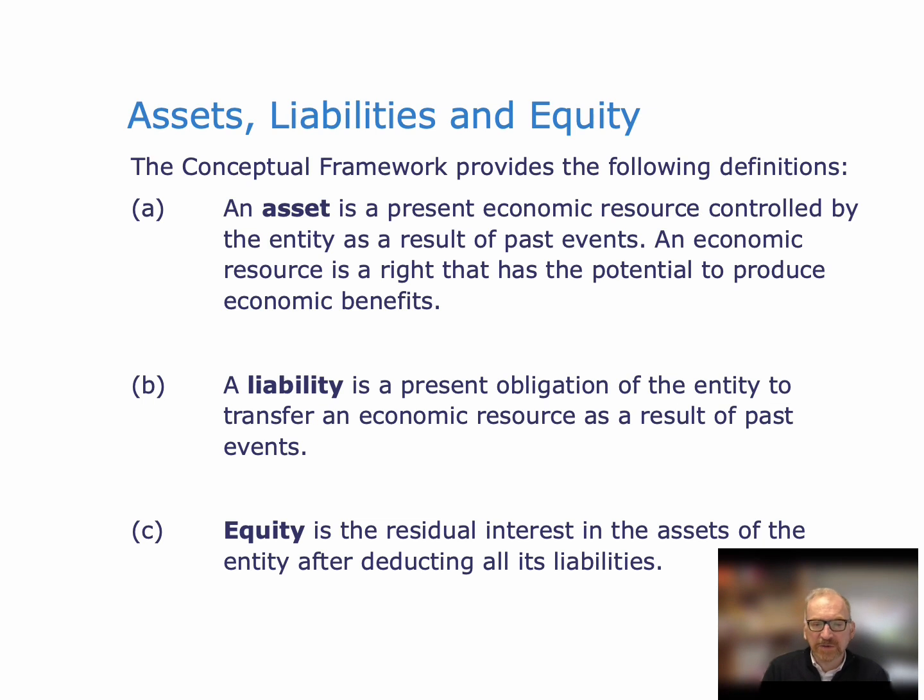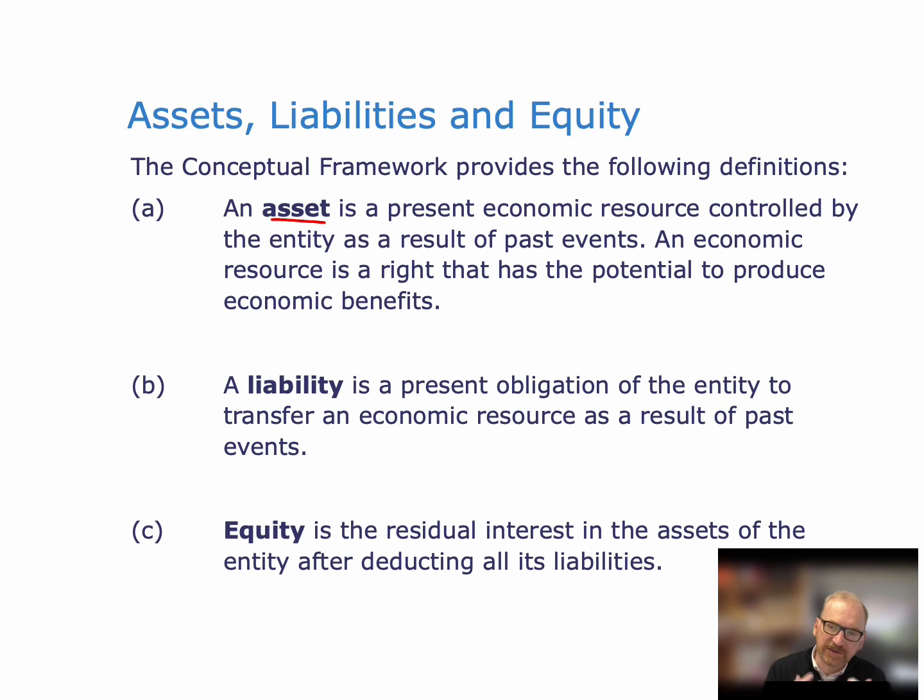So assets, liabilities and equity. The conceptual framework, which is a document of the IASB, provides the following definitions of assets. An asset is a present economic resource controlled by the entity as a result of past events. An economic resource is a right that has the potential to produce economic benefits.